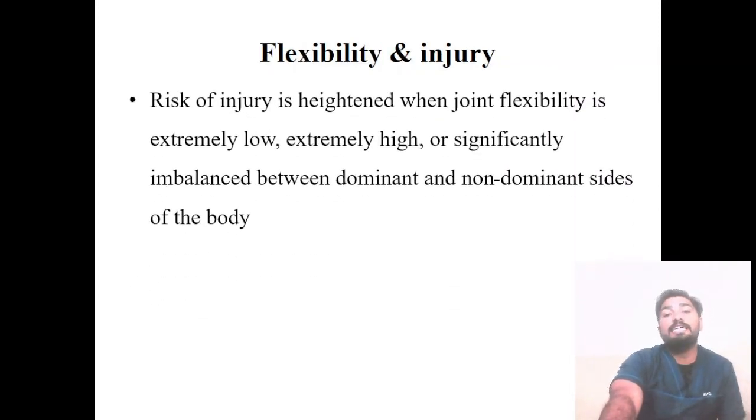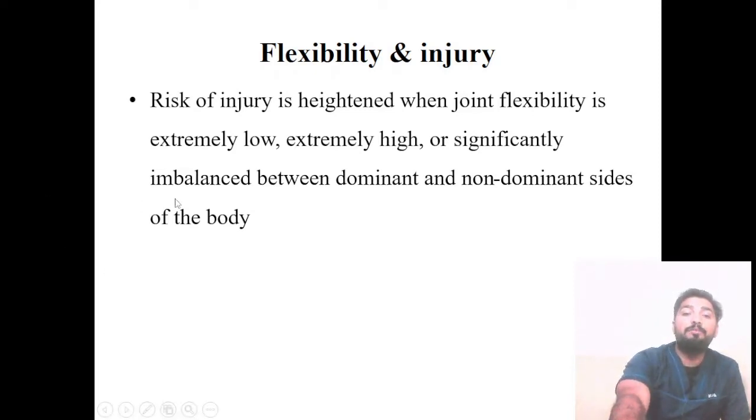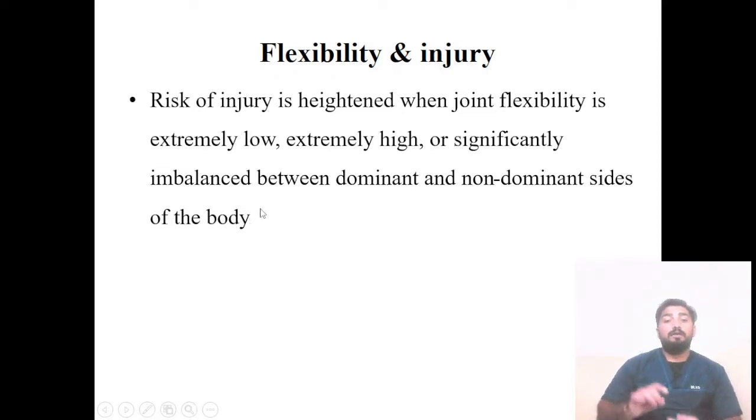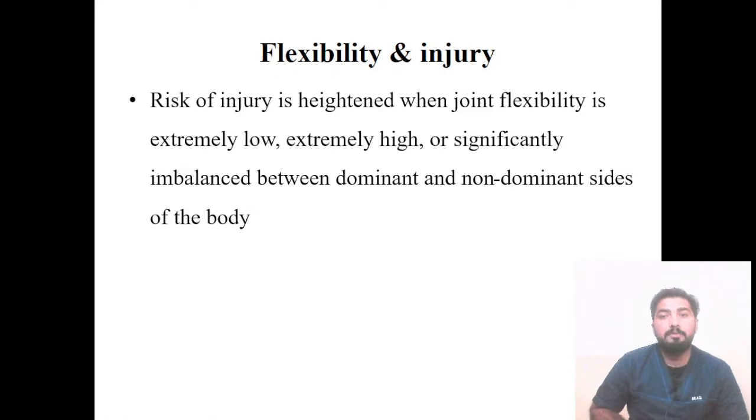A risk of injury is heightened when joint flexibility is extremely low, extremely high, or significantly imbalanced between the dominant and non-dominant sides of the body. When there is high flexibility or low flexibility, both extremes are bad.